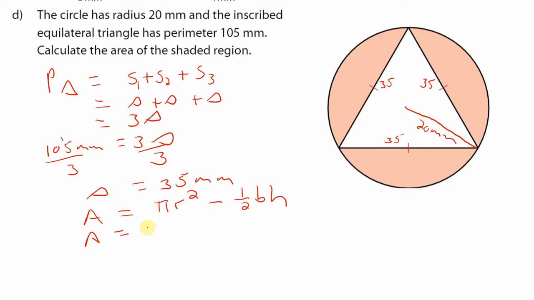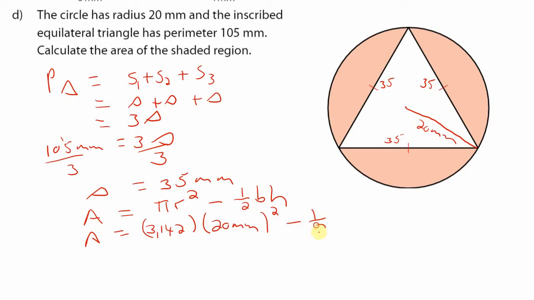We know pi, they indicated we have to use 3,142 as the value of pi. We know the radius is 20 millimeter, so we can replace the radius by 20 millimeter and square that.